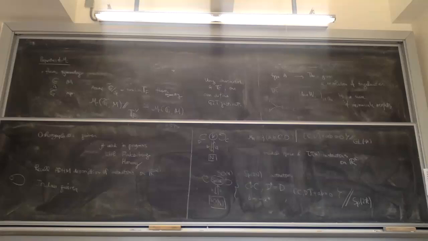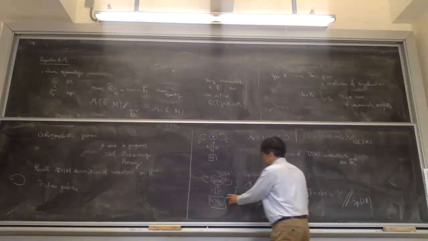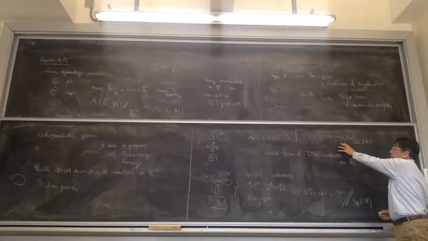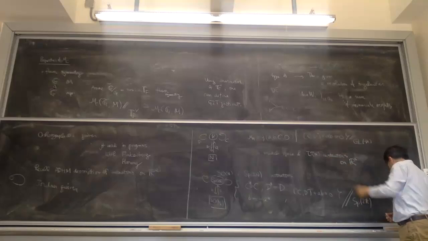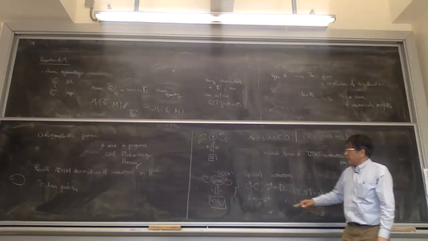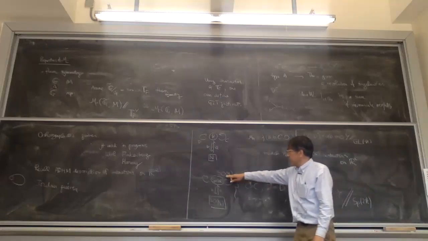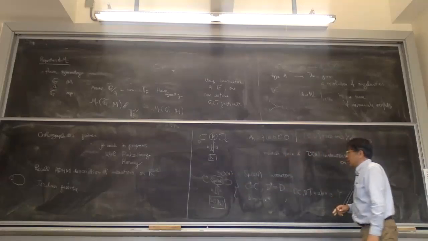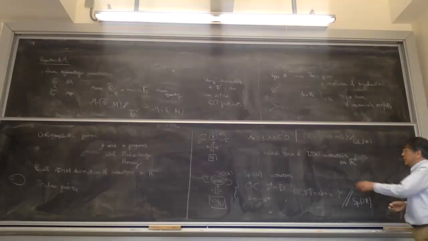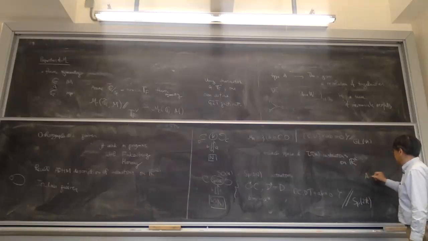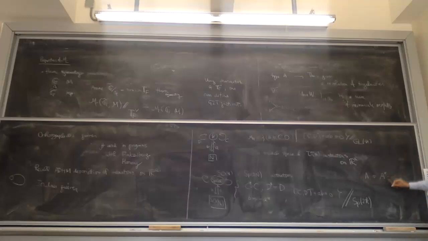The proof of this result is somehow a combination of this result together with the observation that an SO(N) instanton is in particular a U(N) instanton, and you have the symmetric bilinear form. So in particular, the instanton is isomorphic to the dual instanton.